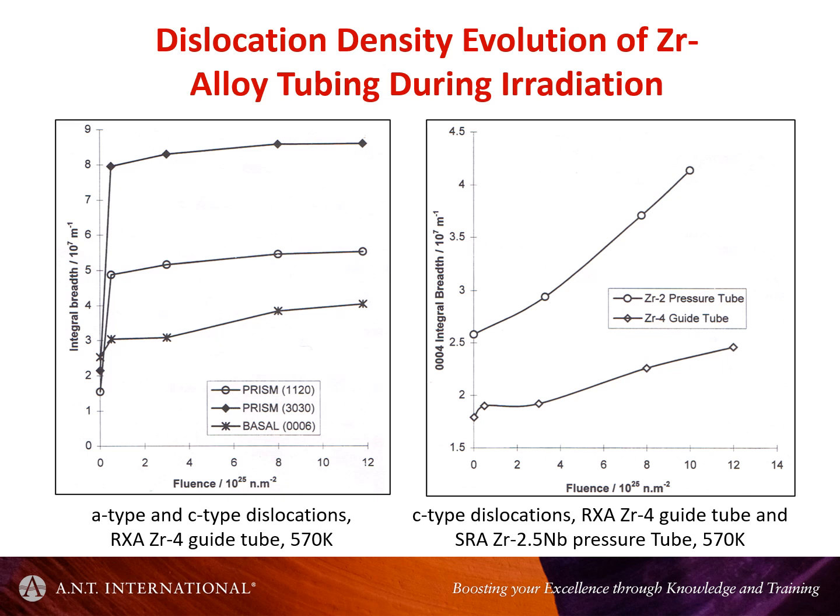This shows some X-ray diffraction data measurements as a function of fluence for a recrystallized annealed guide tube. And what you see here, if we look at this top line here, which is the prism 30-30 reflection, at the early onset of irradiation, we get a very rapid increase in the line broadening, which is really the same as the dislocation density increase, and it very quickly reaches a more or less saturated condition.